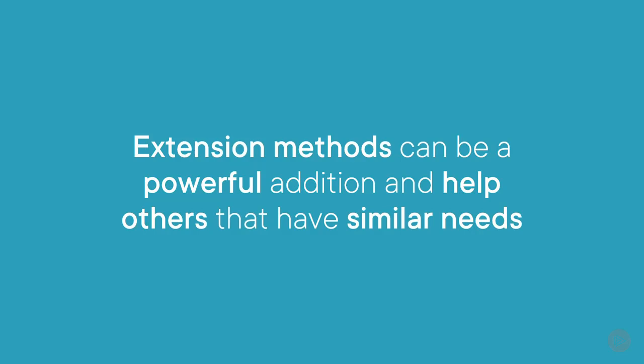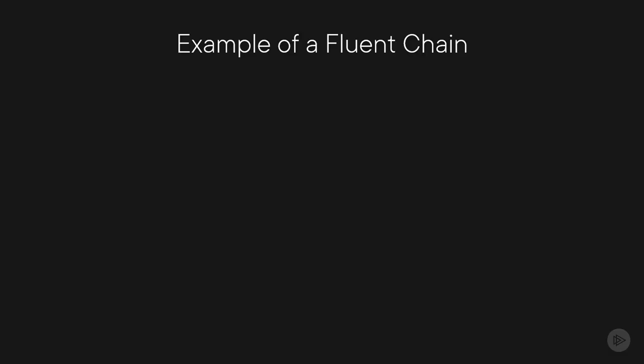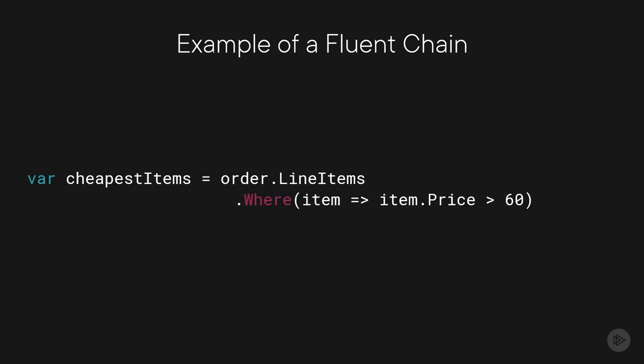As a final note on reusability and readability, I'd like you to take a look at this fluent chain of method calls. First, we filter through the enumerable based on the criteria defined in the anonymous function. Then the result is ordered based on the price.